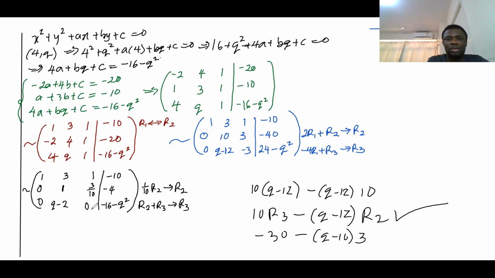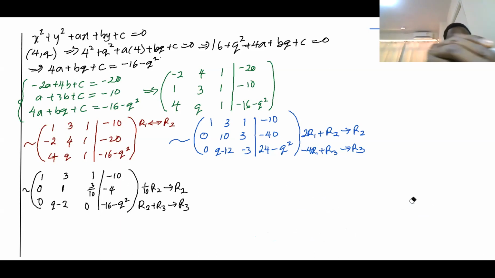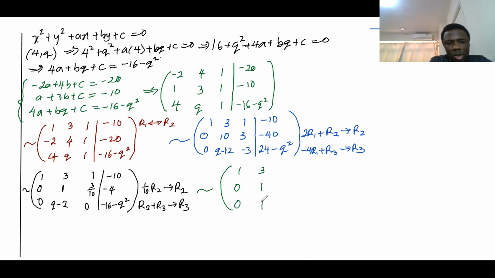All right. So let's try to make that 1. If we want to make that 1, then we have to multiply by the reciprocal of what? Reciprocal is 1 over something, okay? So reciprocal of what in R3? Yes, q minus 2. Then this will be 0, this will be 1.